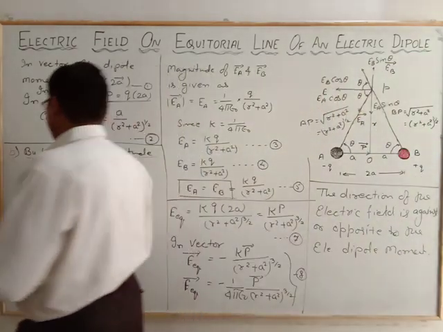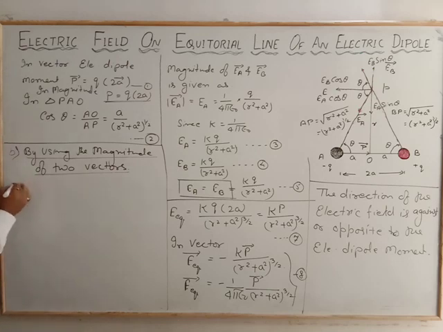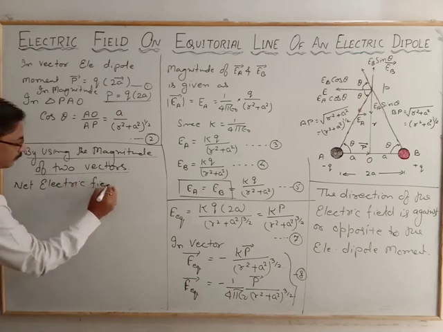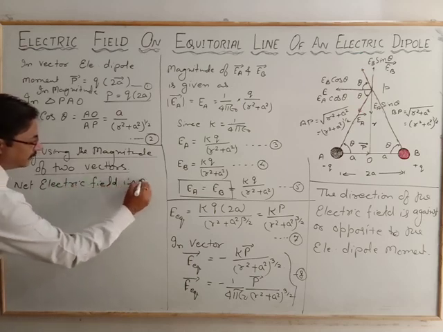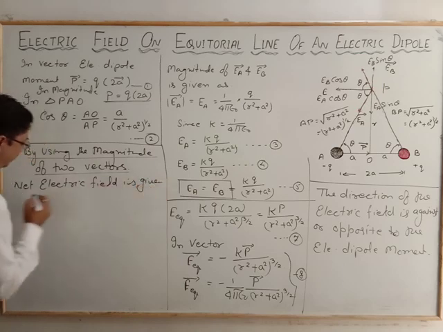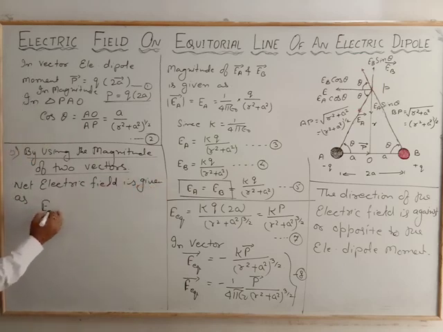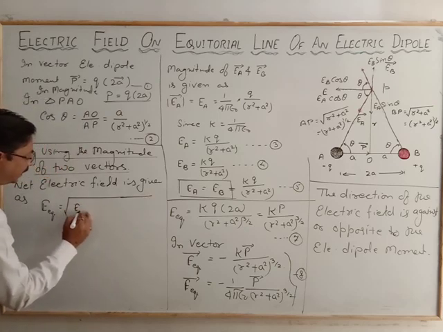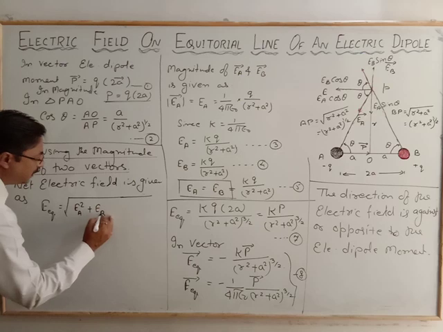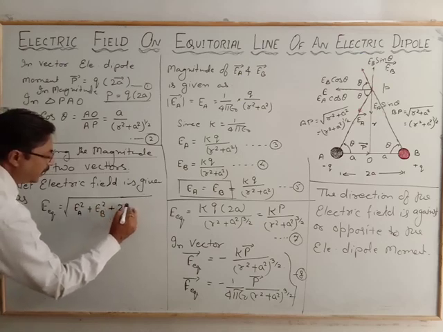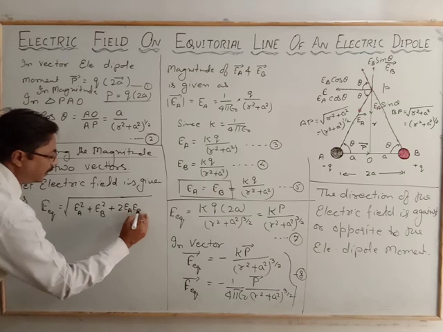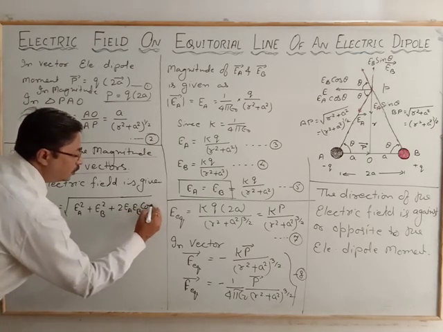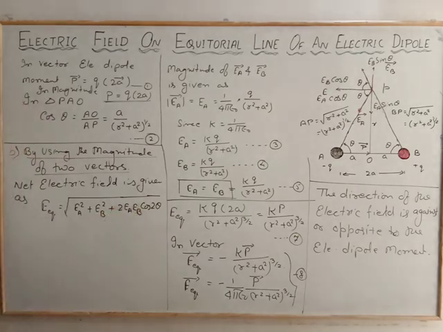So we apply this relation for the magnitude, the net electric field, which is given as E equatorial is equal to root under, we write here the complete relation, EA square plus EB square plus 2 EA EB cos 2 theta.